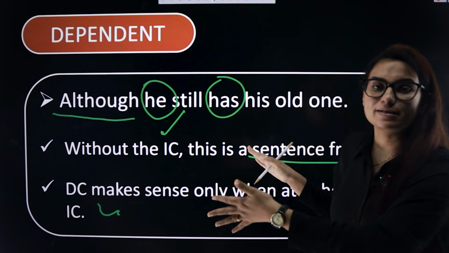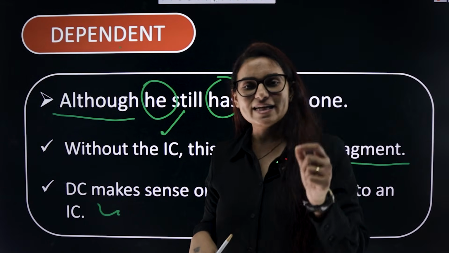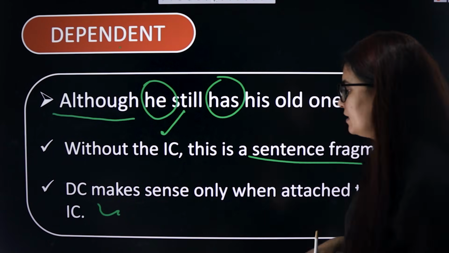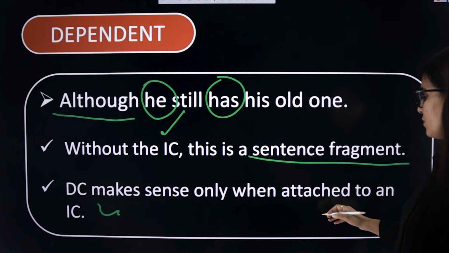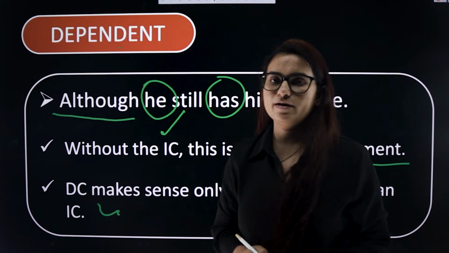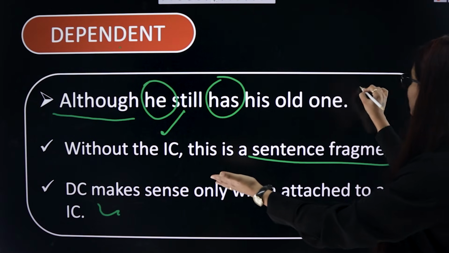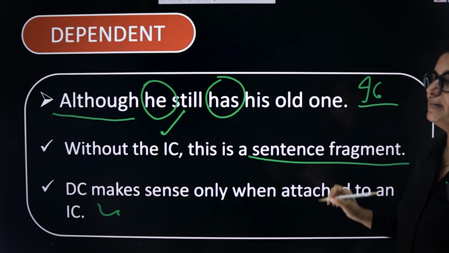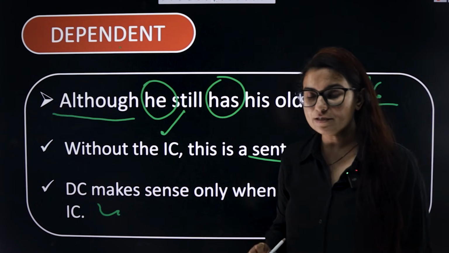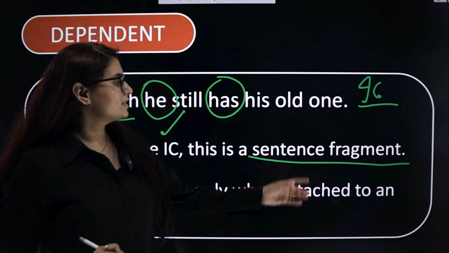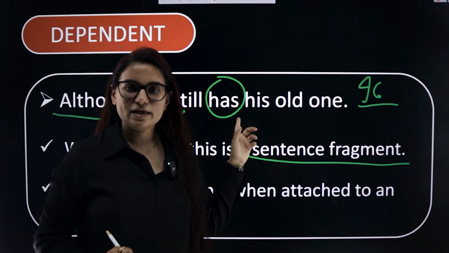It's incomplete. That's why it's called a sentence fragment, a piece. A dependent clause makes sense only when attached to an independent clause. So if I want this sentence to be complete, I need to have an independent clause written somewhere to make it grammatically correct.